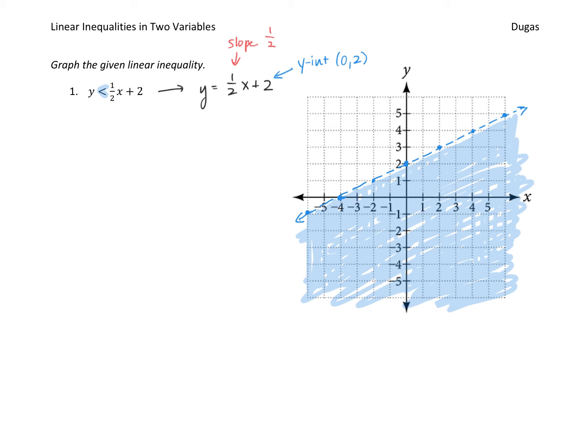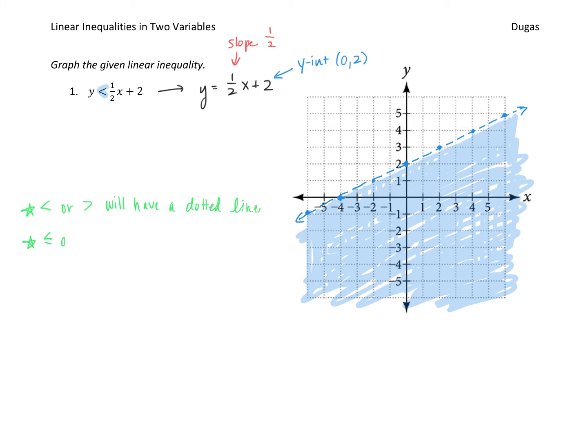Okay, so a couple of notes to make. A less than or greater than will have a dotted line. And again, that's because the ordered pairs on the actual line will not be solutions to the inequality.